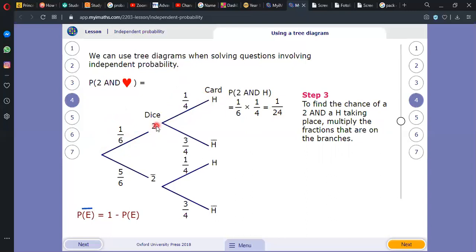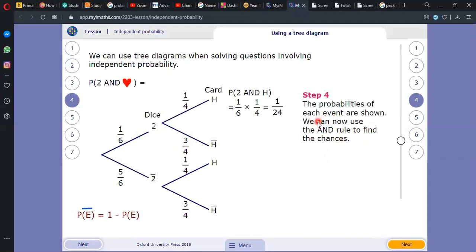So 2 from dice, heart from cards. If I was looking for the probability of getting a 2 and not a heart, my answer would have been 1/6 times 3/4. So that is how this tree diagram works.